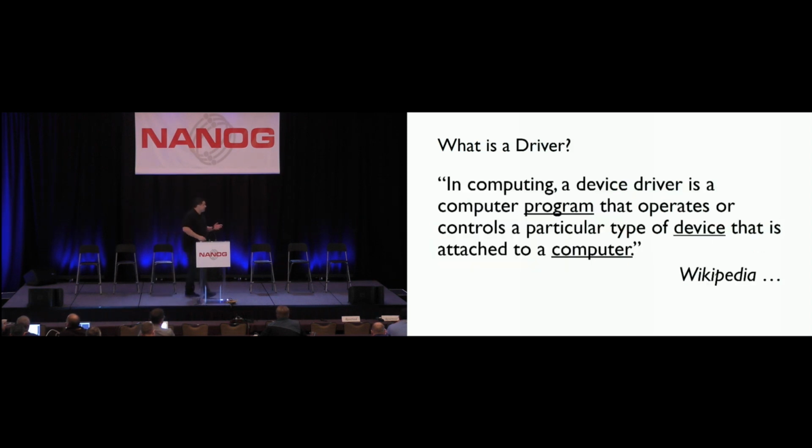So what is a driver? In theory, a driver is defined in this Wikipedia article, but as it applies to container networking and Docker, a driver is something that enables you to interact with a virtual device. If a runtime is a process and you want to interact with other processes on the system, you have to have some kind of device that helps you do that.